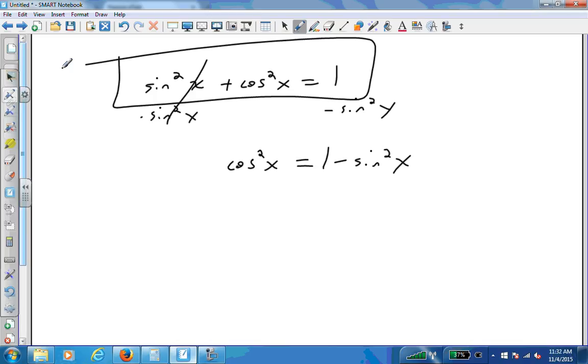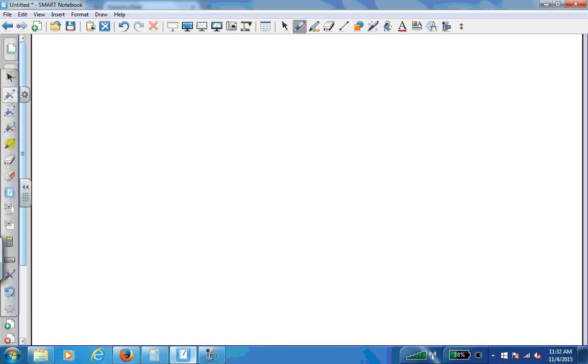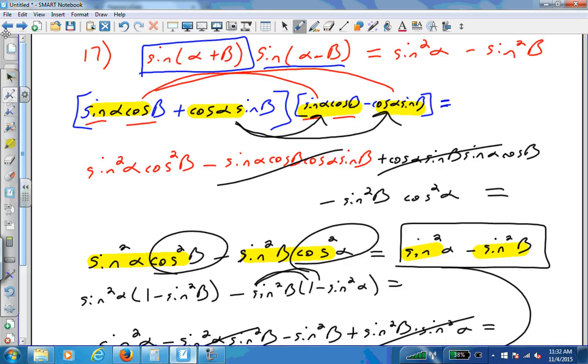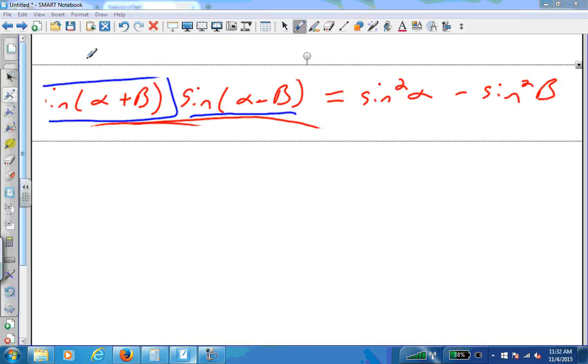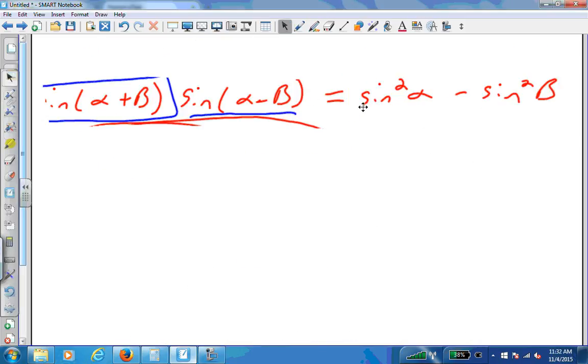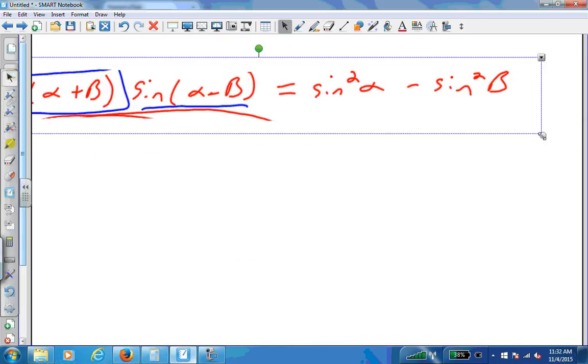If we have a cosine squared, solve it for cosine squared, replace it with the other side. So that will work. Let's go back and do this with the other suggestion that I had originally made.